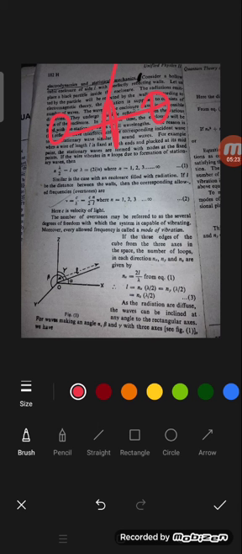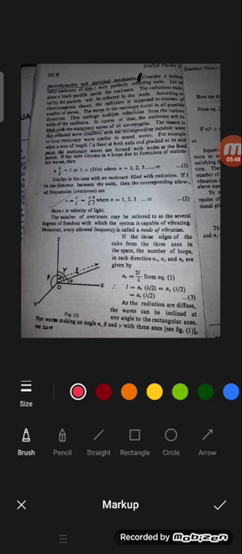For the formation of stationary waves, we have the formula n lambda by 2 is equal to L, where n is the number of loops and lambda by 2 is half of the wavelength. From this, lambda is equal to 2L by n, where n is equal to 1, 2, 3 up to infinity.